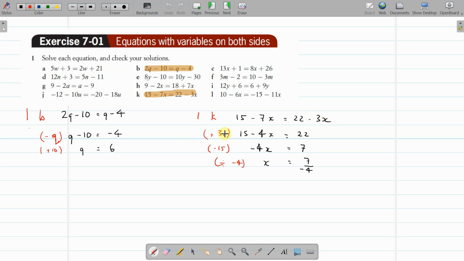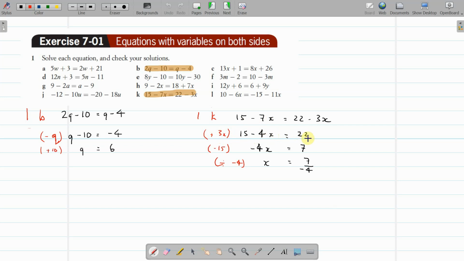Once I've done the plus 3x to here, that minus 3x disappears. So minus 3x plus 3x is nothing, so all that's left is 22. Do the same on this side, minus 7x plus 3x is minus 4x.